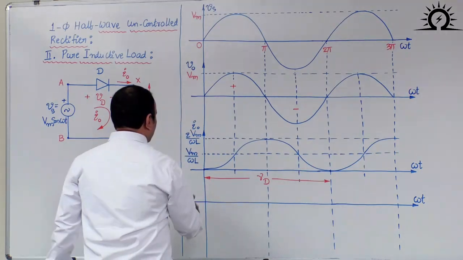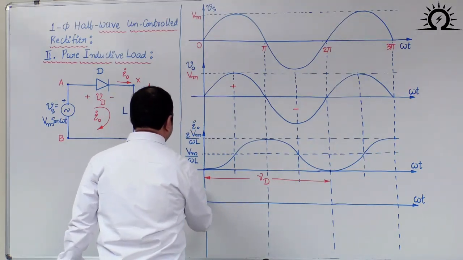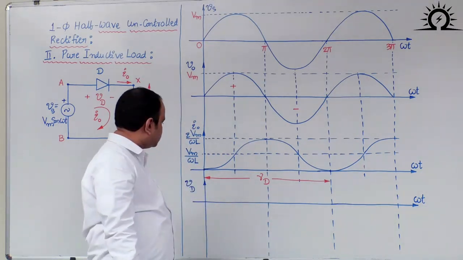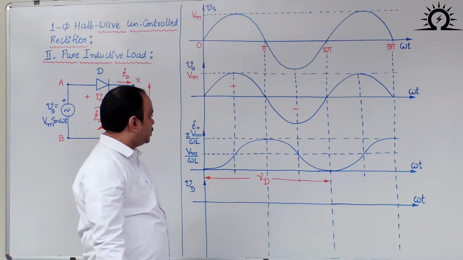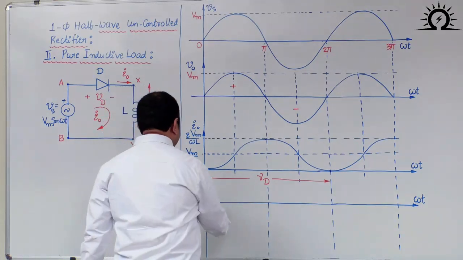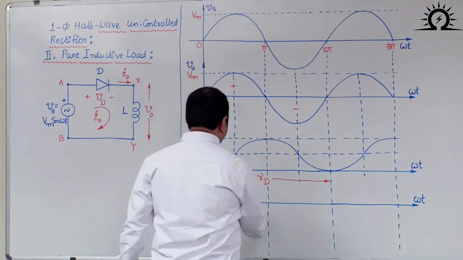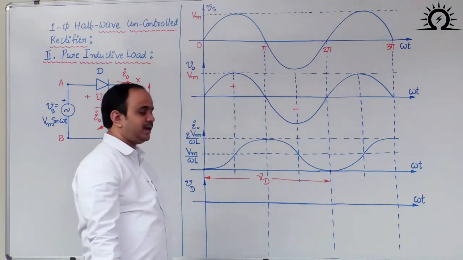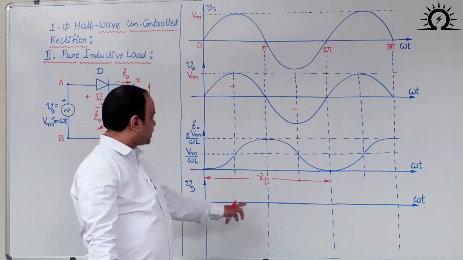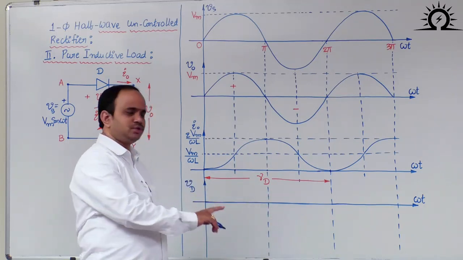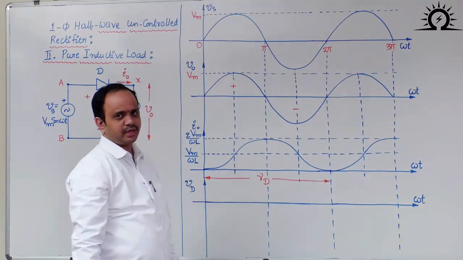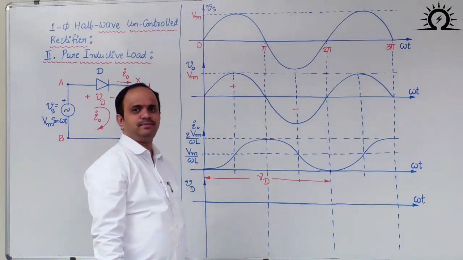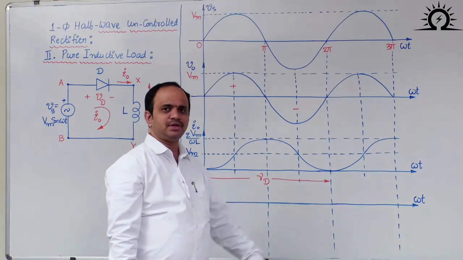Now one more waveform here, that is the voltage across the diode. As the diode is in conduction in the entire cycle, the voltage across the diode waveform is 0 throughout the cycle. Therefore, Vd is equal to 0.